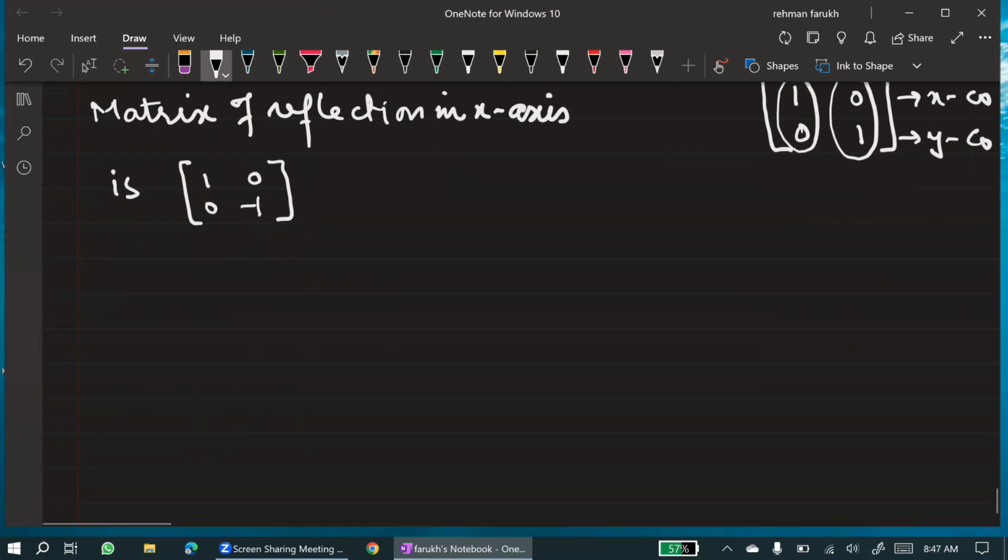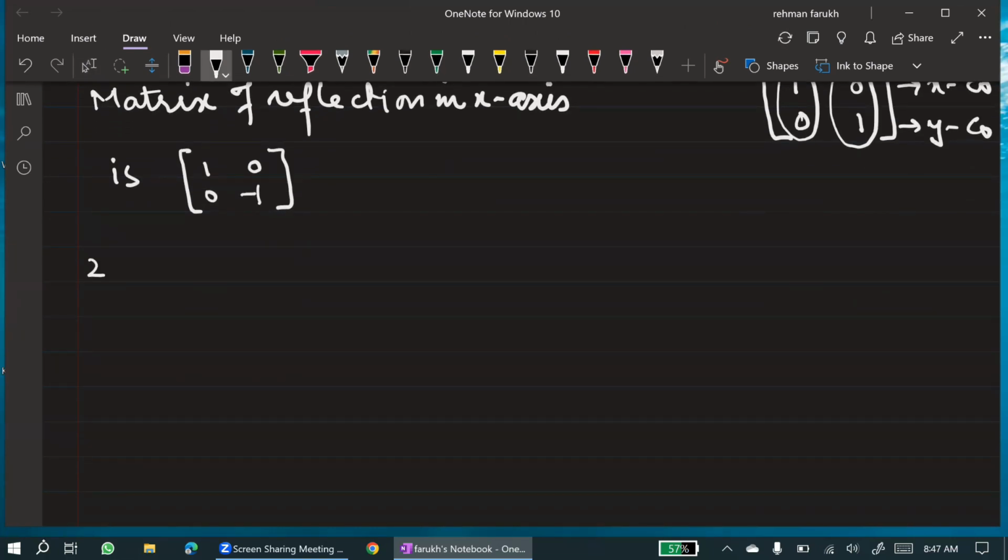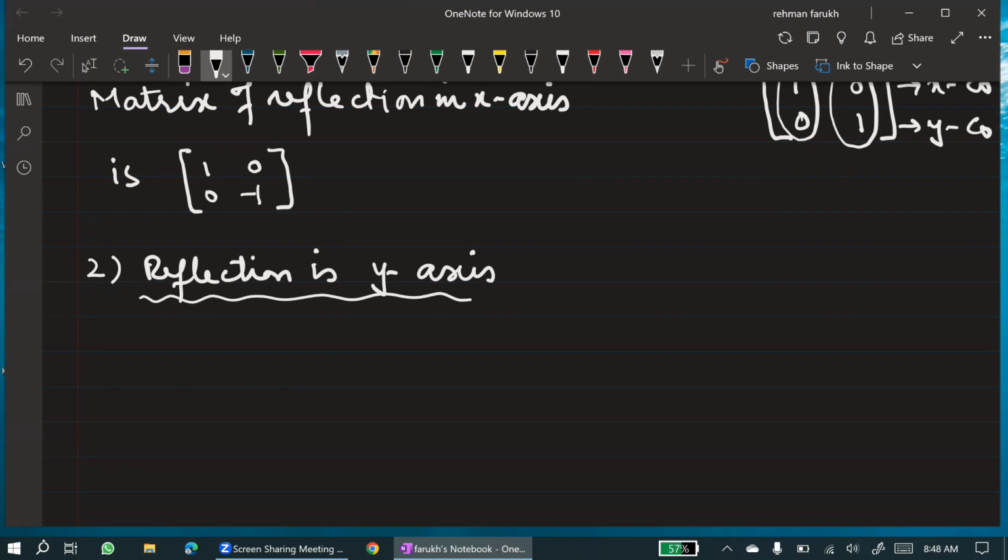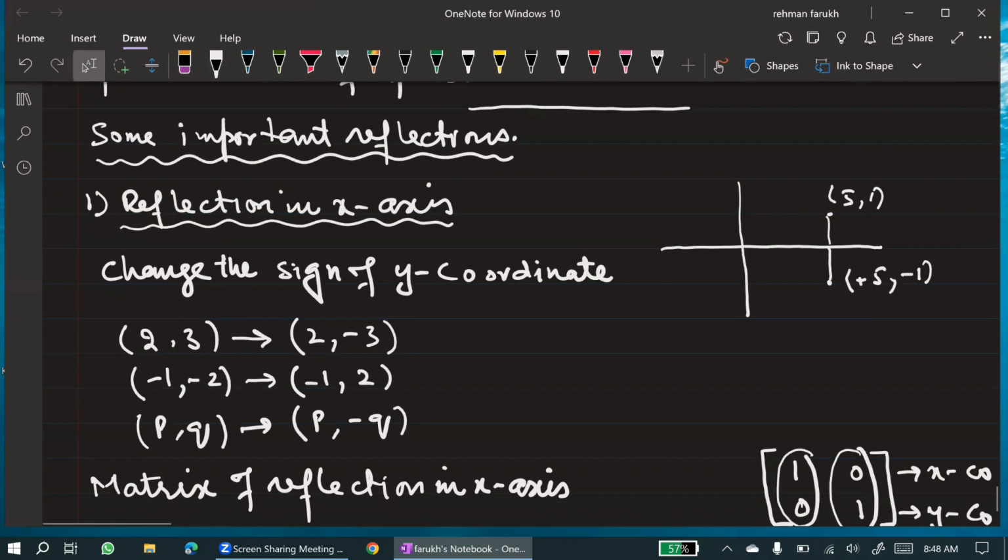Now, the second reflection is reflection in y-axis. Now, consider this example.